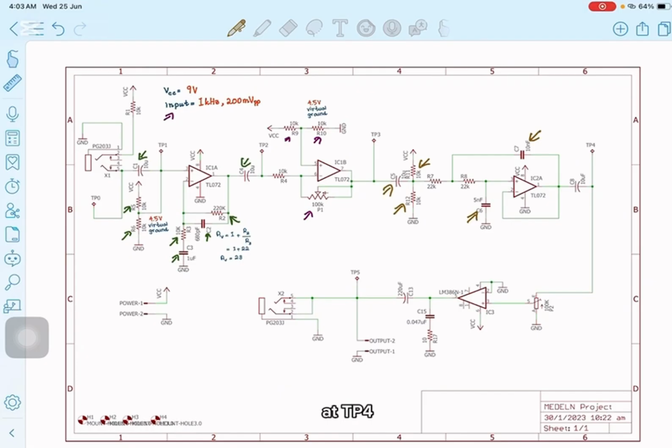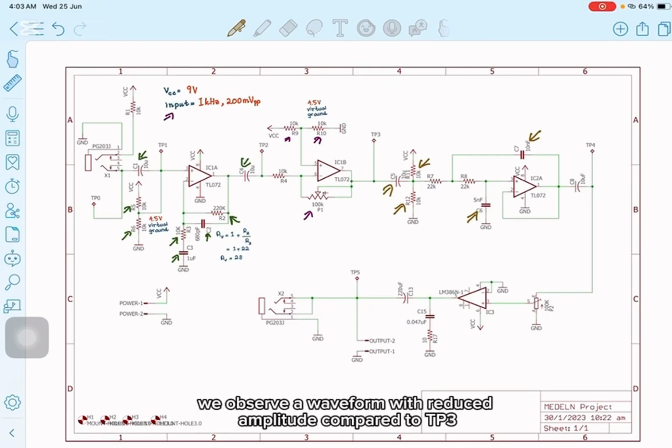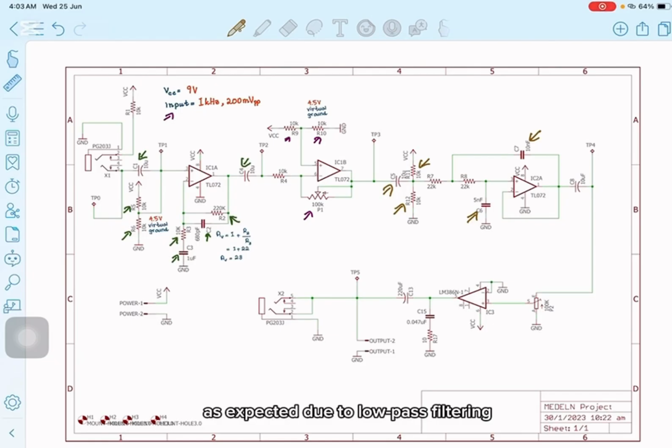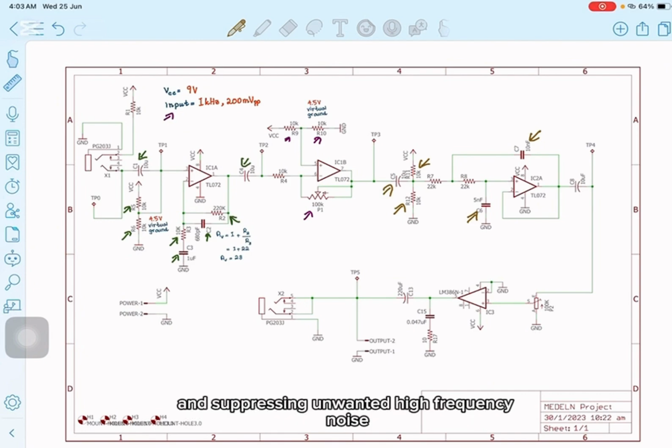At TP4, we observed a waveform with reduced amplitude compared to TP3, as expected due to low-pass filtering. This filter behaves as designed, keeping important low-frequency content and suppressing unwanted high-frequency noise.